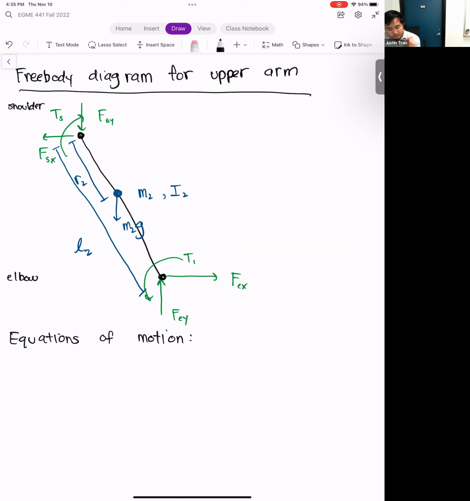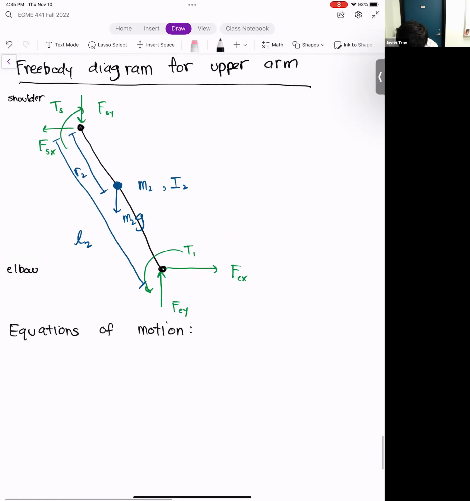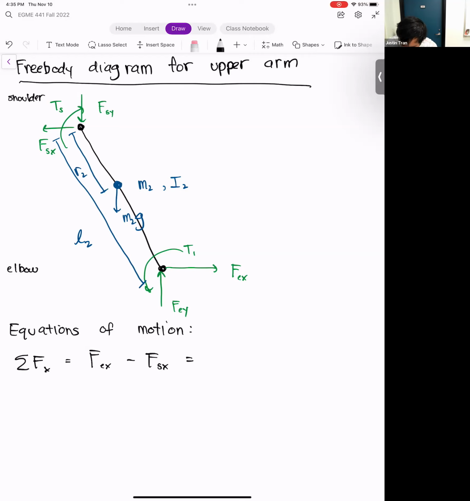All right, so let's go ahead and form the equations of motion, just like we did before. We're going to sum the forces in the x direction, sum the forces in the y direction, and sum the moments around the center of mass. For the sum of forces in the x direction, we have two of them here: FEX in the positive direction, and then minus FSX in the negative direction.